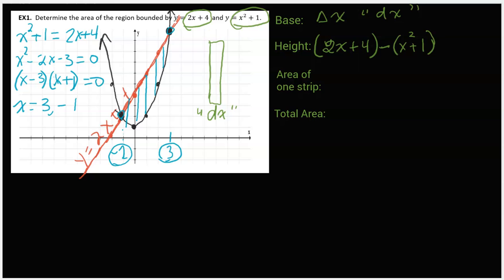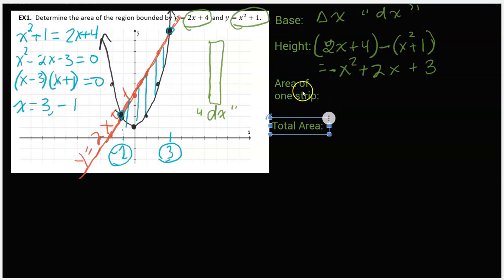And reduce, that would be negative x squared plus 2x plus 3, since 4 minus 1 is 3. Okay, so that is the height of that rectangle, right?